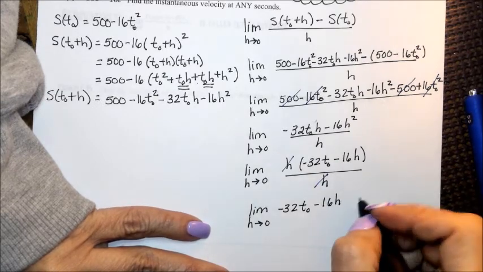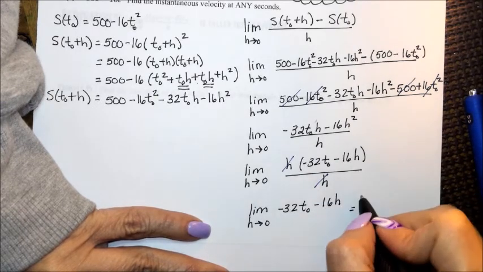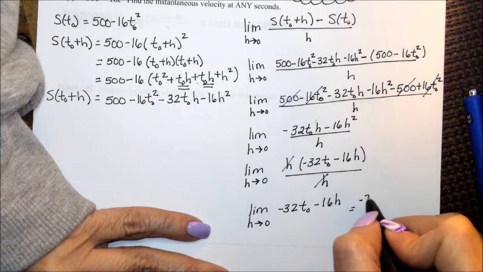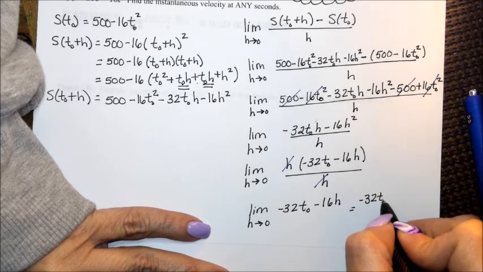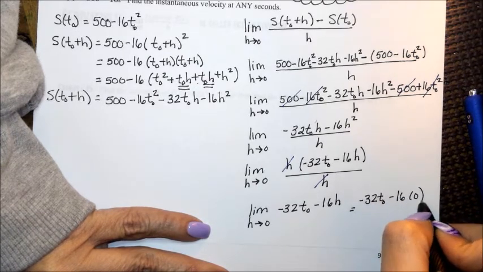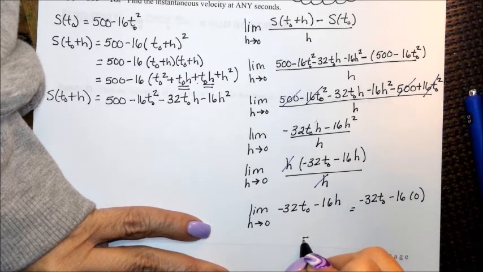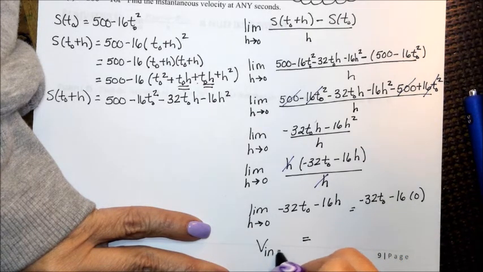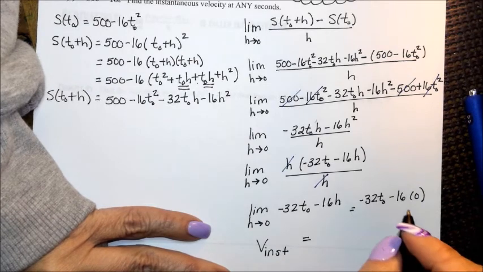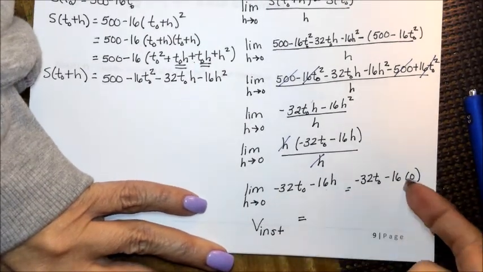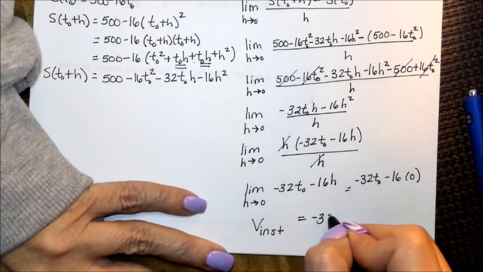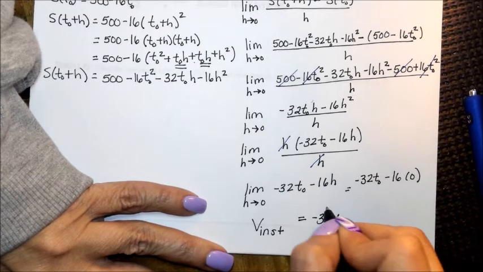That's all that's left. I can substitute in the 0, negative 32 t naught minus 16 times 0. So the instantaneous velocity, at any second, whatever second I want it to be at, this goes to 0, so that's negative 32 times t naught.